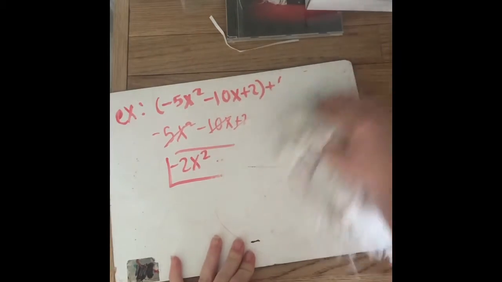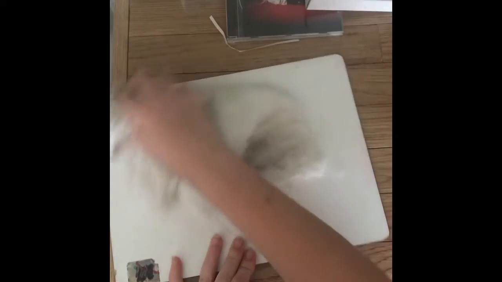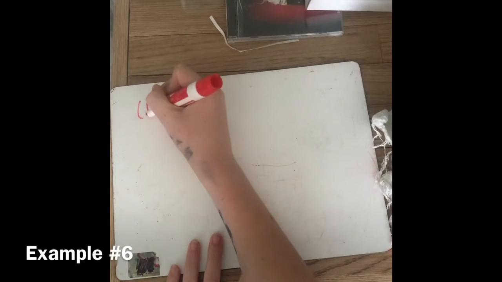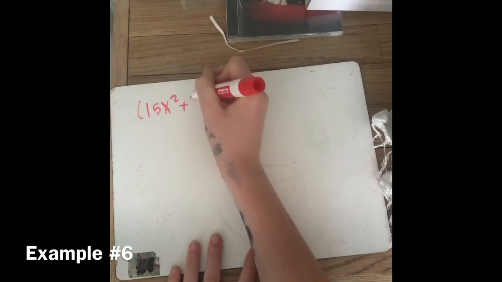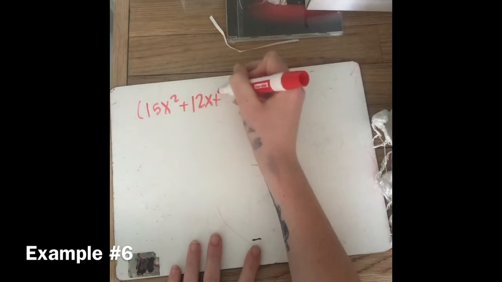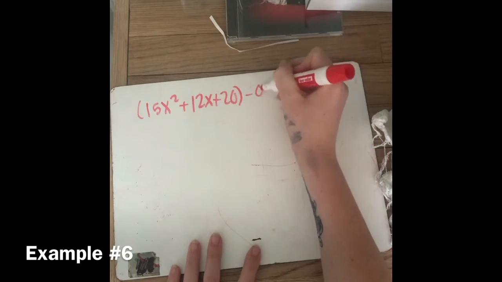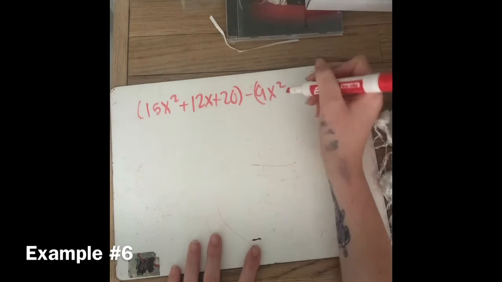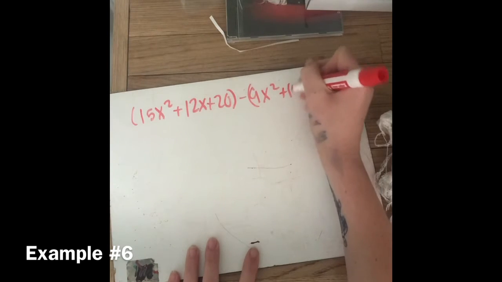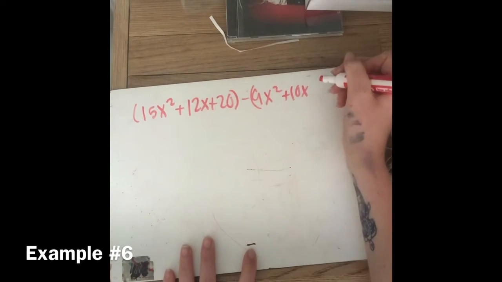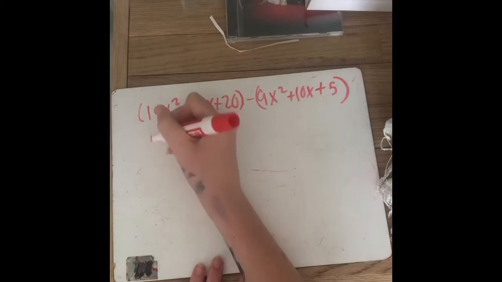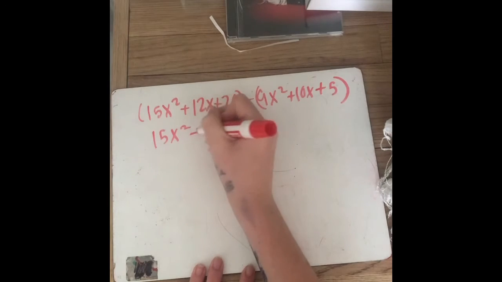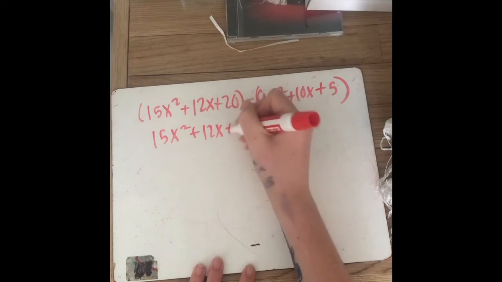One last one before I'll let you guys try one yourself. 15x squared plus 12x plus 20, 9x squared plus 5. So remove all the parentheses and make sure to distribute the negative.